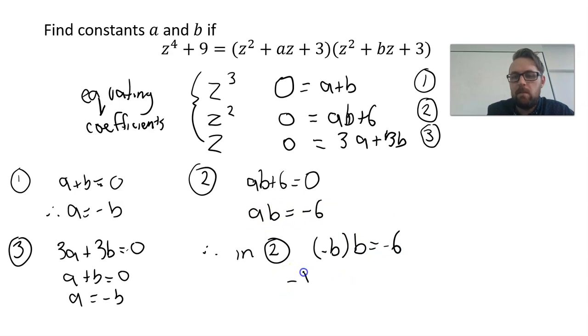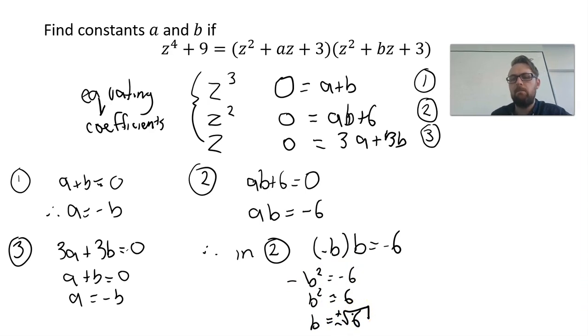So what I'll get is negative b squared equals negative 6. Therefore, b squared equals positive 6 if I multiply both sides by negative 1, and b equals plus or minus square root of 6. Okay, and that's good. We worked out b, and now we can work out a.